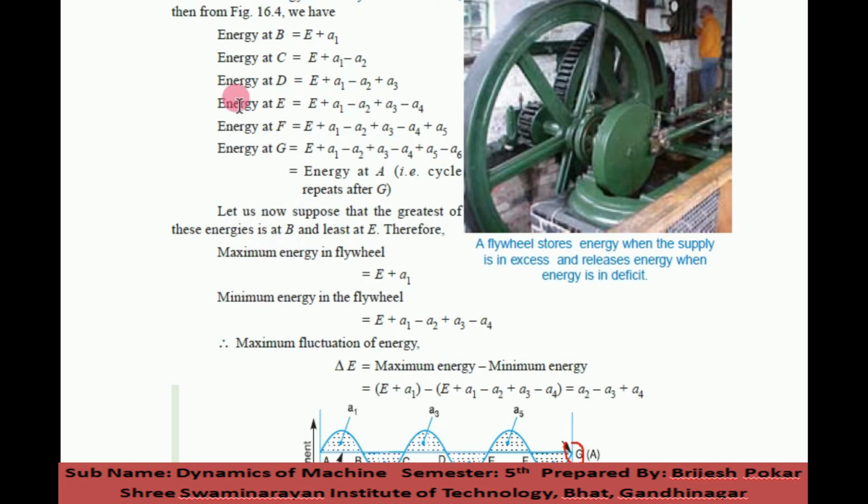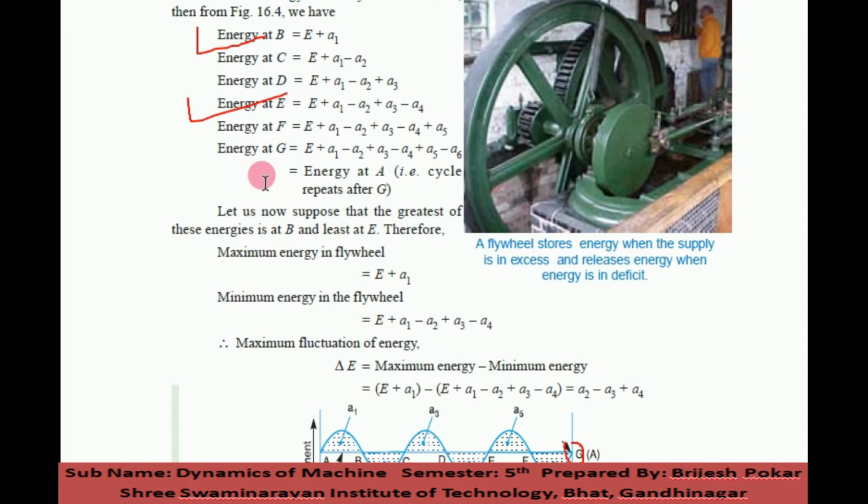Suppose at point B the energy is maximum. This is an assumption; in an example it may change. Suppose at point B it is maximum and at point E it is minimum.